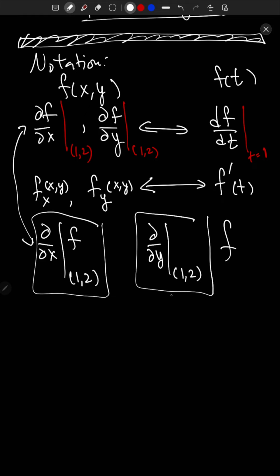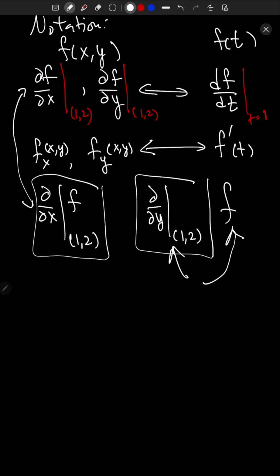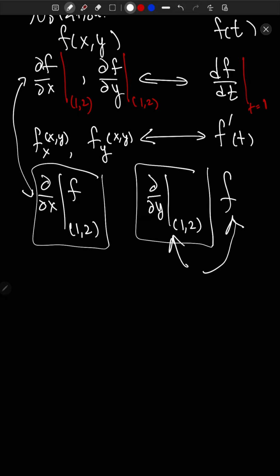So when you write this, you're saying take this mathematical object and apply it to f. Small thing, don't worry about it, but you may notice me using variations of these notations.